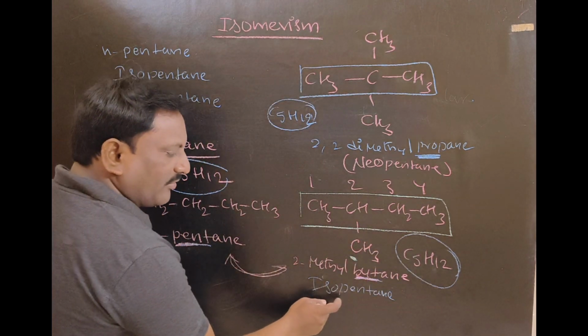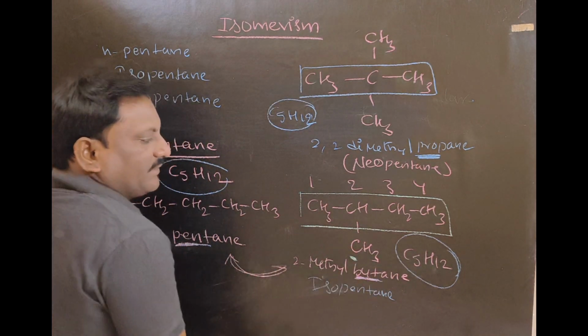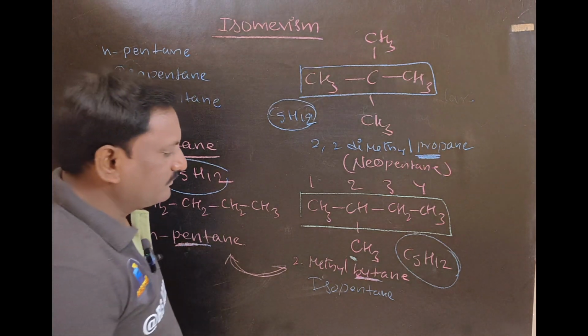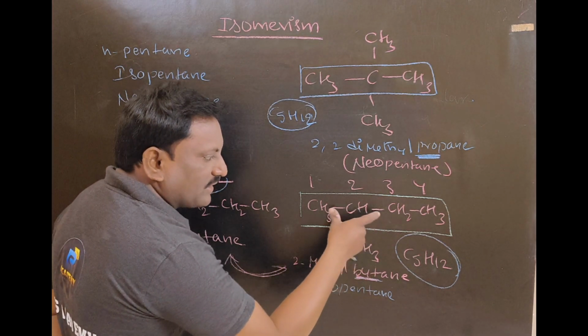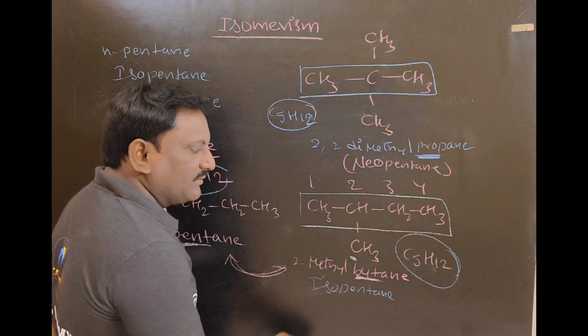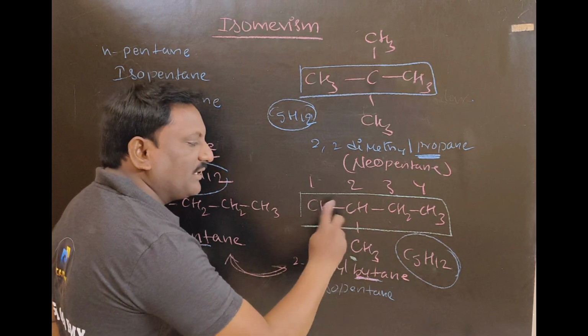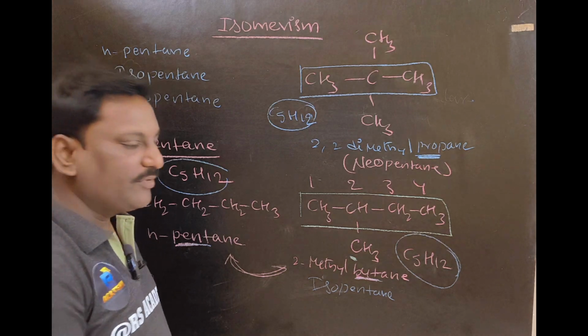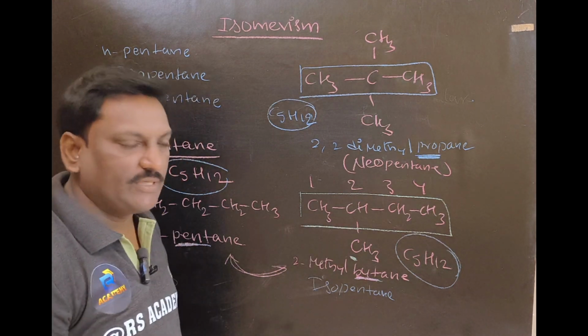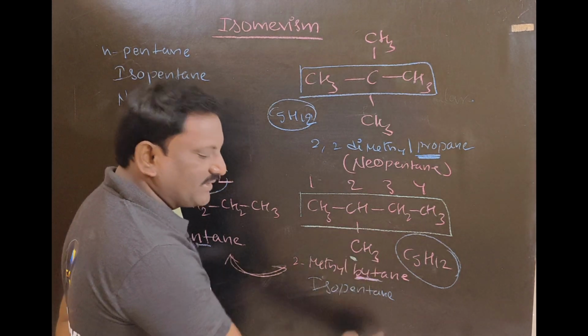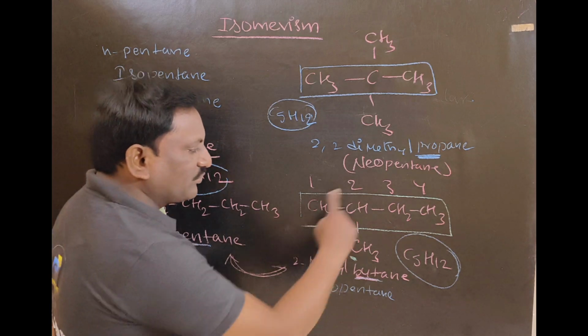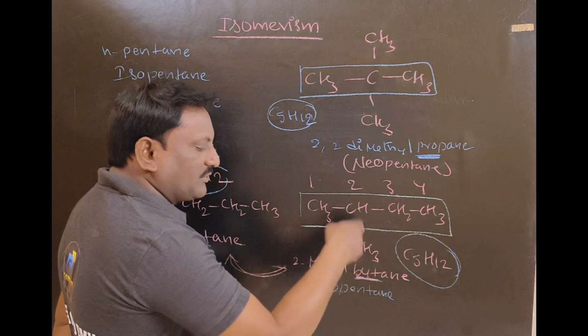Here, why should we call this isopentane? Those carbon compounds having one methyl group next to the terminal carbon, the carbon next to the terminal carbon is called the isocarbon. So that's why it is called isopentane: total 5 carbons, and an isocarbon is there.